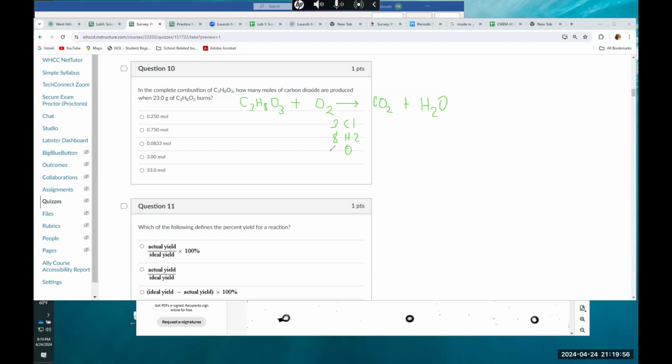And how many oxygens? 5 on the left and 3 on the right. Balanced? We could put a 3 in front of the CO2 to get our 3 carbons, and then a 4 on the H2O.